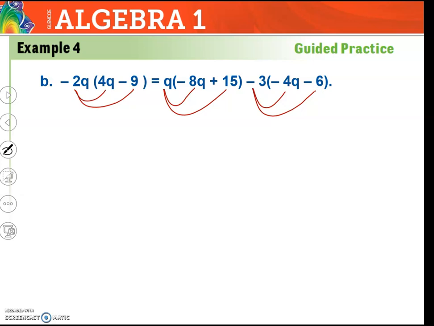So we're going to have negative 8q squared plus 18q, because negative 2 times negative 9 is positive 18, and this will also give us negative 8q squared plus 15q.